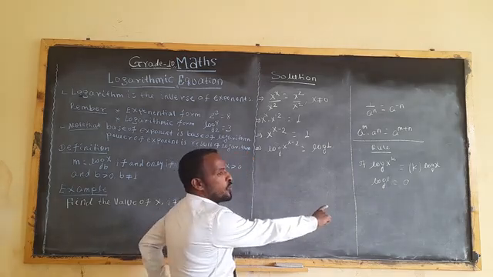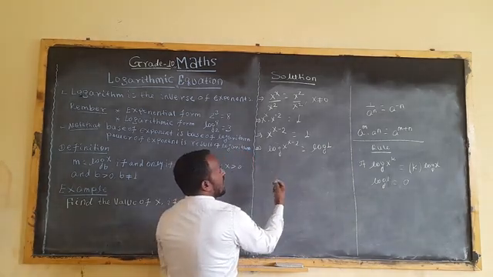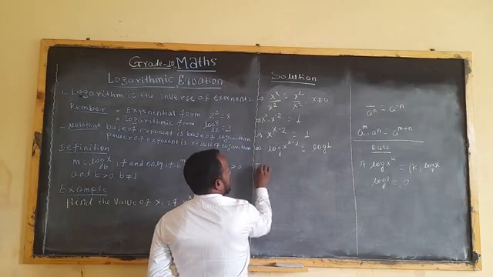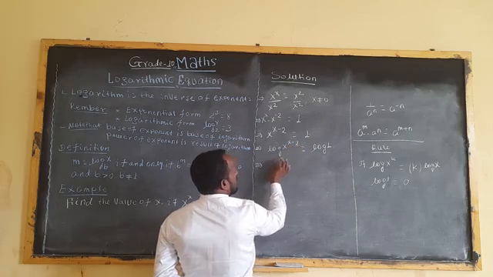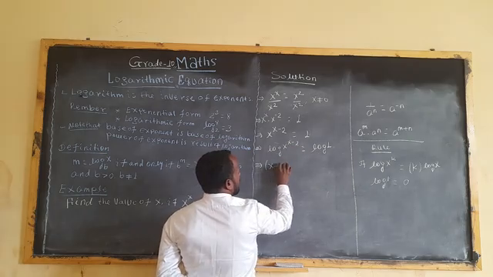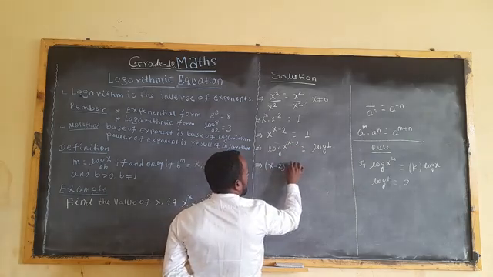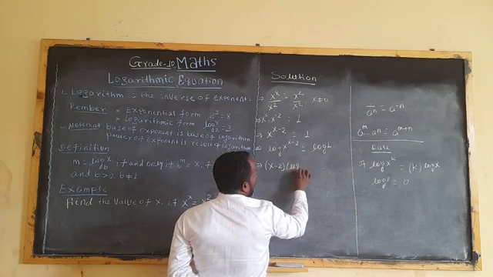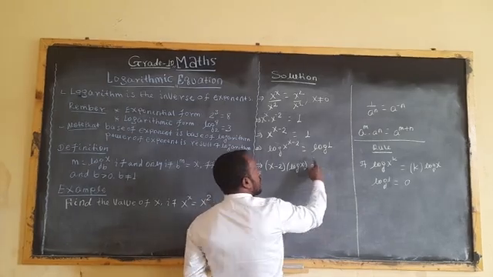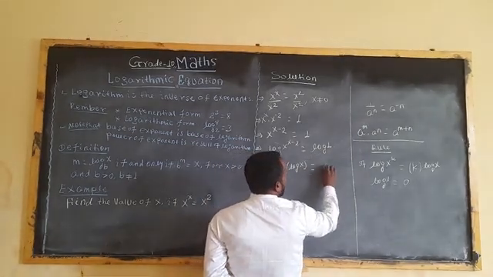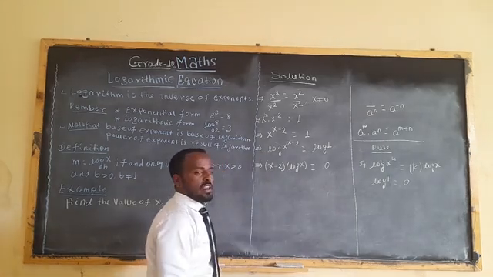Having this rule in our mind, let us calculate the value of x. Here, like k, we can take as a product of logarithm, which means x minus 2 times logarithm of x, which is equal to, since logarithm of 1 is 0, 0.